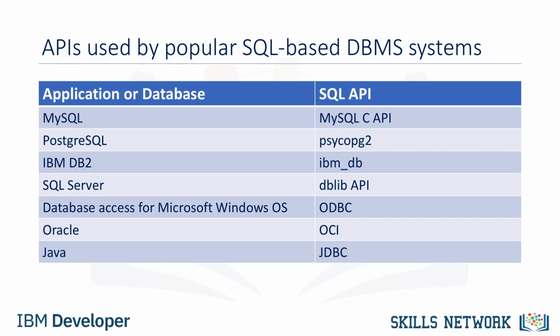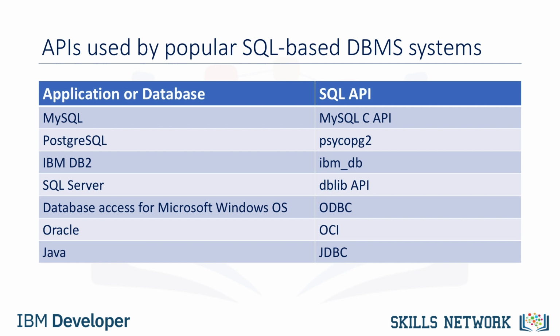The PsychoPG2 API connects Python applications to PostgreSQL databases. The IBM_DB API is used to connect Python applications to IBM DB2 databases. The DBlib API is used to connect to SQL Server databases.